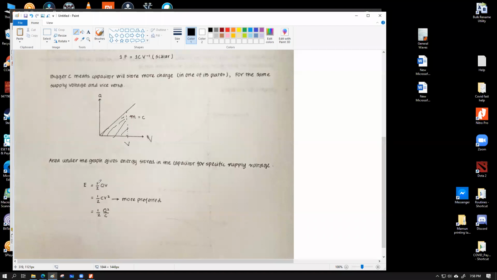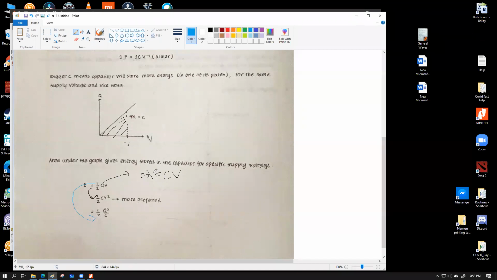And then we can replace this equation for individual variables. For example, Q can be replaced as Q equals CV. That was coming from the defining equation of the capacitance. So that gives you half CV squared. That's one formation. So it can go from here to here. Alternatively, we can also go to this expression where V is replaced.